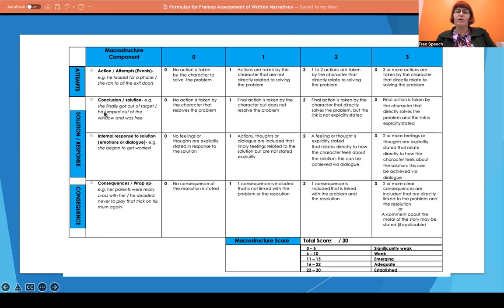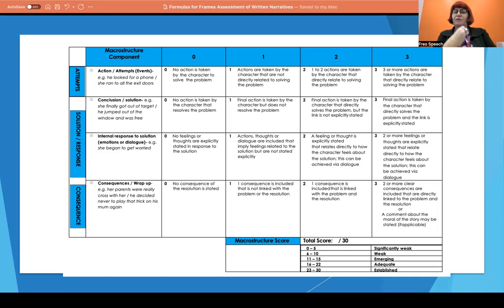Here is the conclusion or solution, followed again by the same thing that we saw after the problem. So after the solution, where you've been saved or you've got out of Target or the lion's been captured, something happens.